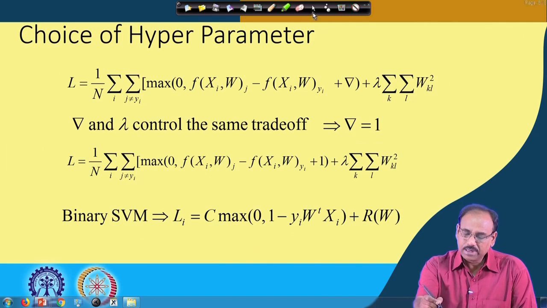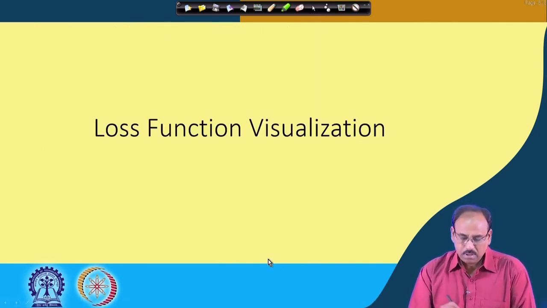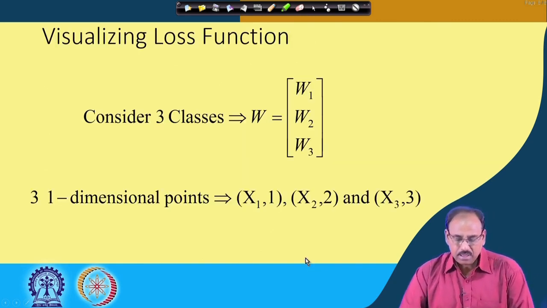Right. So, now let us see what is the nature of this loss function. For illustrating this, I consider a 3 class problem, and the vectors that I consider are one dimensional.